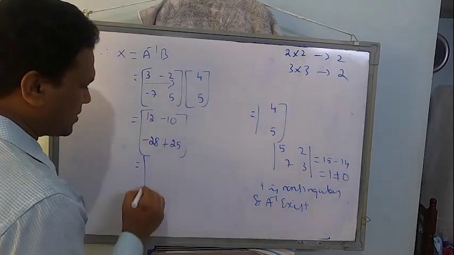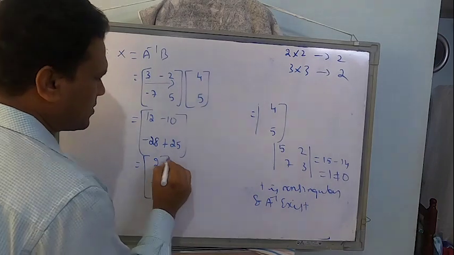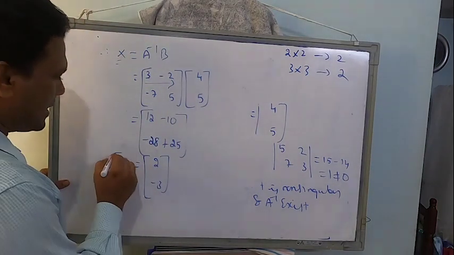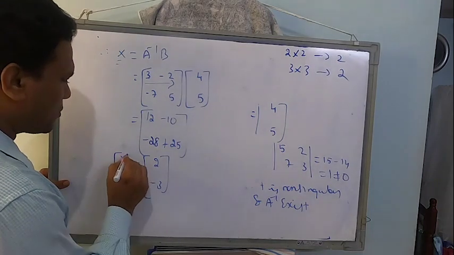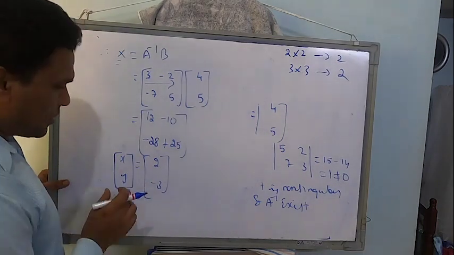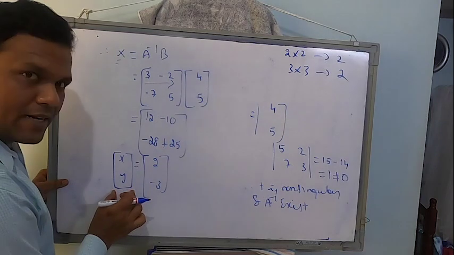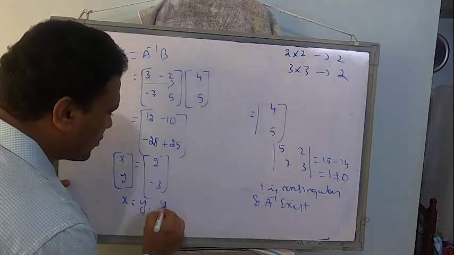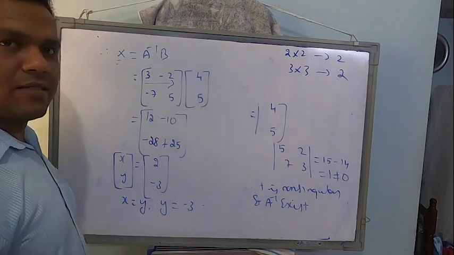Upon simplifying, what am I going to get? 2 minus 3. What is the left hand side? x. What is x actually? It's a column matrix x, y. Correct? So in the last step, you equate x and y. Therefore, x equal to 2 and y is equal to minus 3.